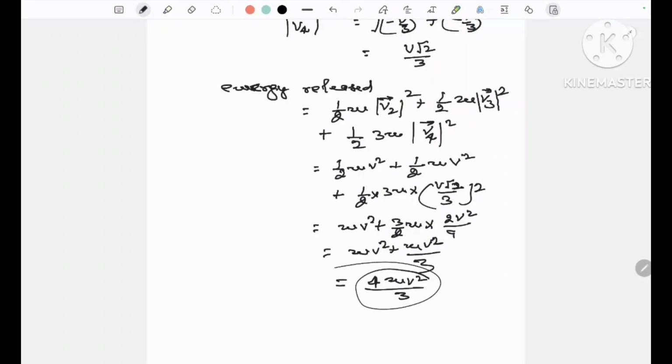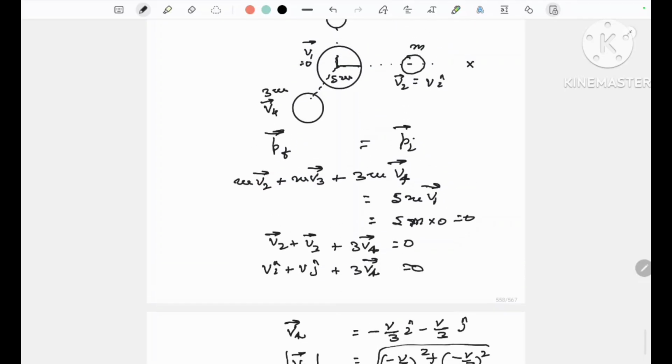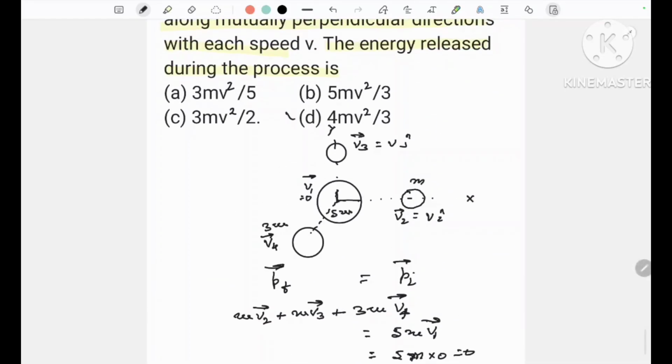Energy released is 4 m v square by 3. This D is correct option.